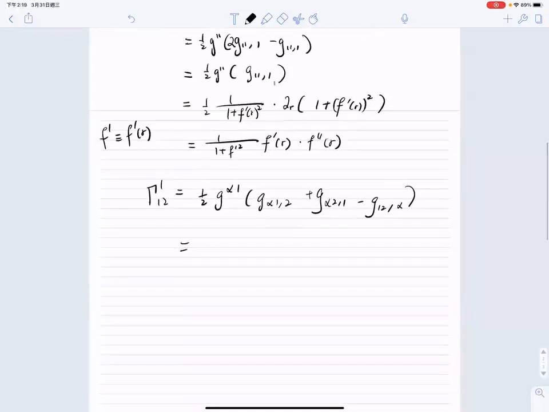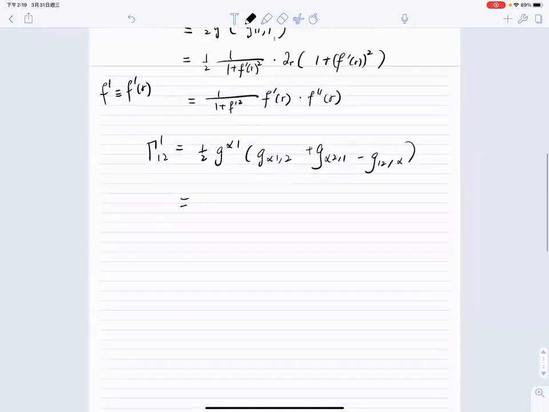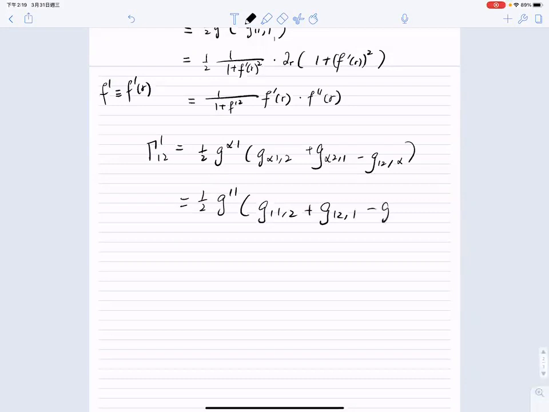Again, the non-diagonal terms vanish, and we only have G^11 times the G_{1 1, 2} term left. The other two terms would be 0.